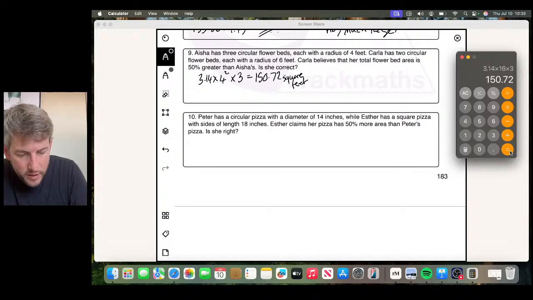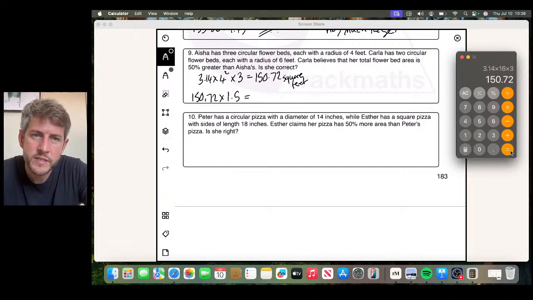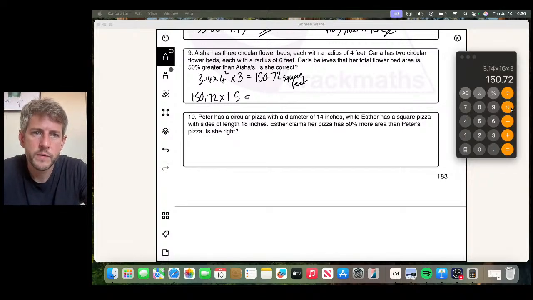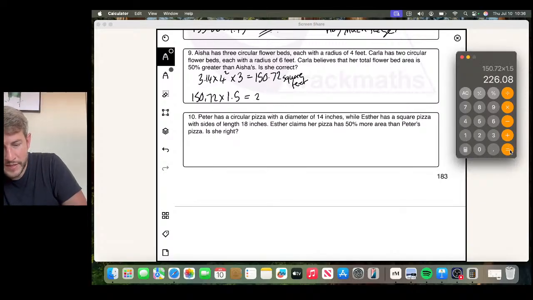Carla believes her total flower bed area is, okay, so we need to then do 150.72 times 1.5, and that will be the 50% increase. So 150.72 times 1.5. Okay, so there we go. So this is the 50% greater one for Aisha.